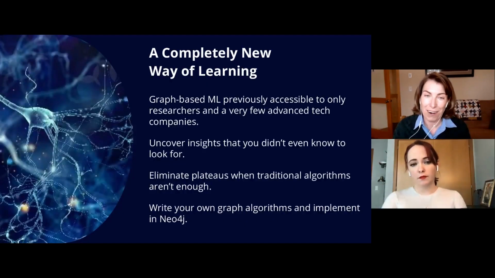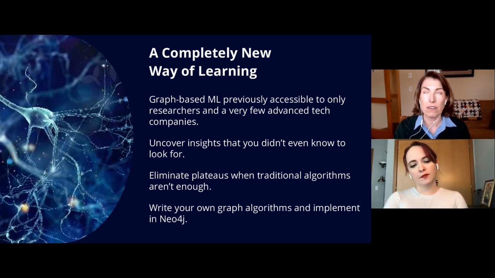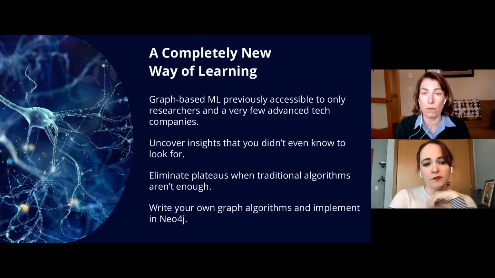Why do people care about that? If it's not clear why you might be excited about it, first and foremost for me, this gives people a new way to do learning. We've got graph-based machine learning, which previously was only accessible, I would say, by researchers in a very few very advanced companies like your Facebooks and your Googles.